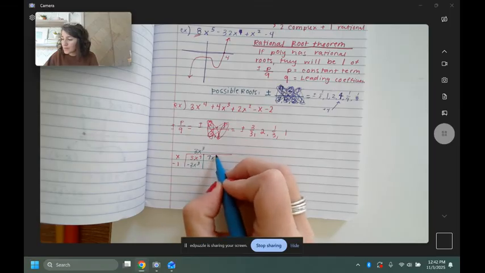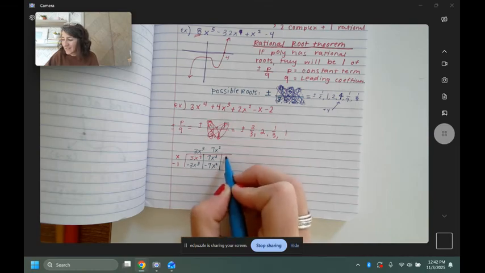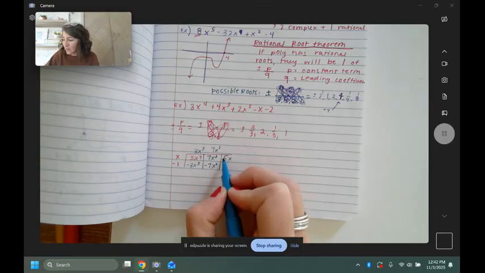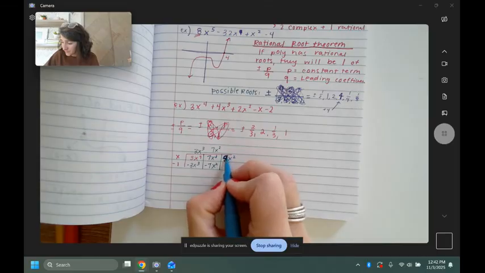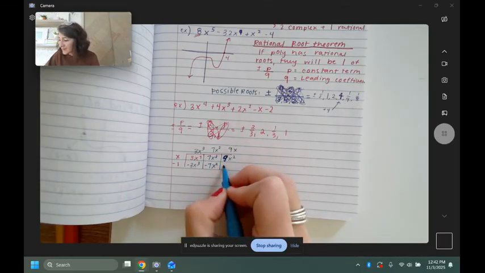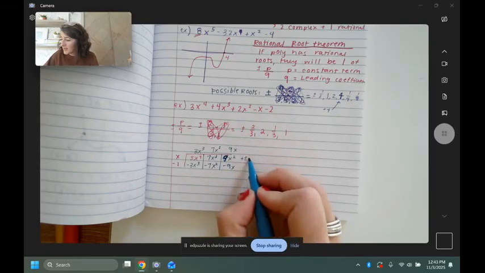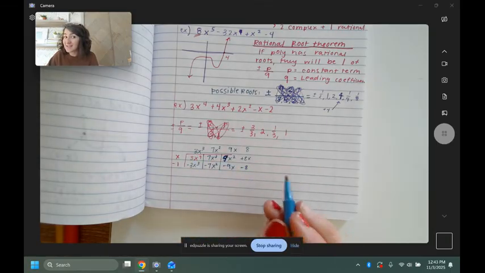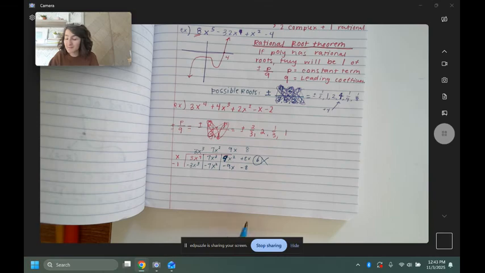So 7x cubed, 7x squared, positive 9x squared is going to get me to 2. These numbers feel too big. And then I need to get to negative 1, so positive 8x, negative 8. This is not it because I needed this number here to be 0. Not it. Let's try again.